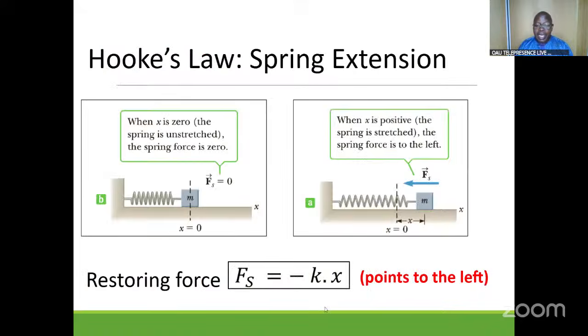So I come again to this diagram. You will now see that by virtue of the extension that has occurred, the restoring force appears, and since the restoring force is opposite to the applied force, it points to the left side.